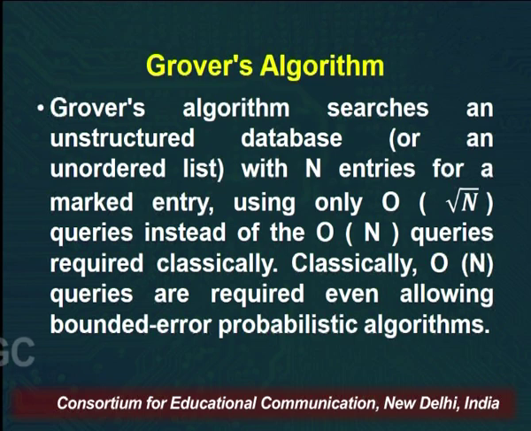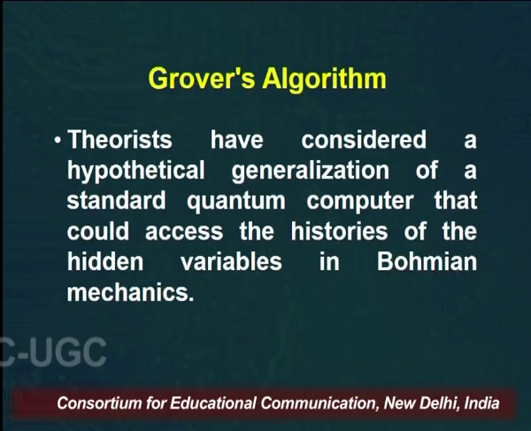Means we are searching with Grover's algorithm using O(root n) queries in place of O(n) for the unstructured database. Classically O(n) queries are required, even allowing bounded-error probabilistic algorithms.